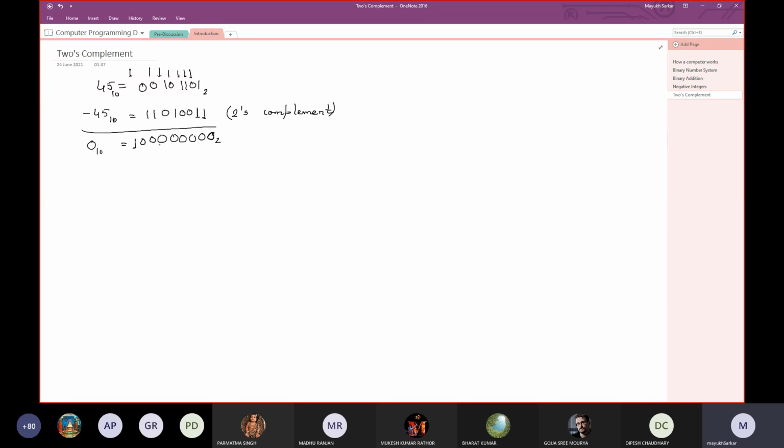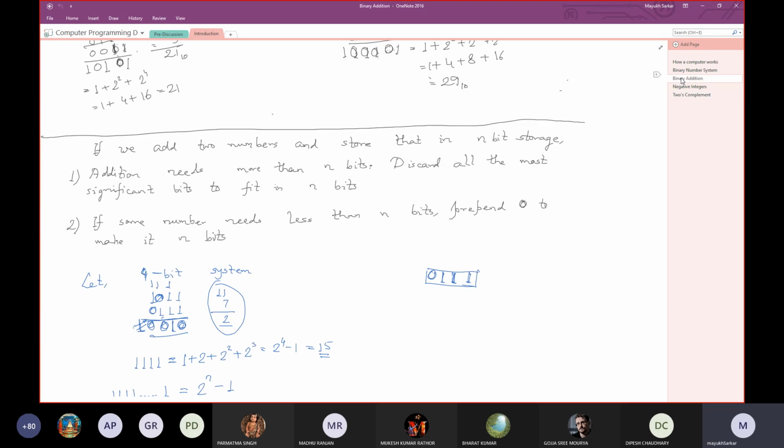So is it equal to 0? To observe that this is equal to 0, observe we have taken the two numbers to be 8 bits, right? And if we remember our discussion of binary addition, if we add two numbers and we want to store that in n-bit storage, and if the addition needs more than n bits, then we are going to discard the leftmost bits, which are the most significant bits, right?